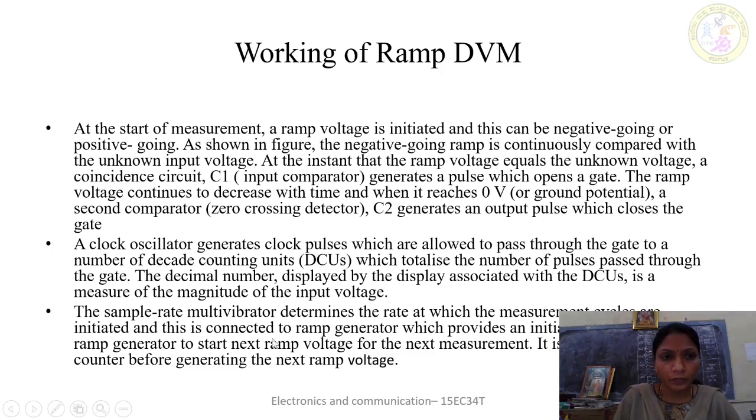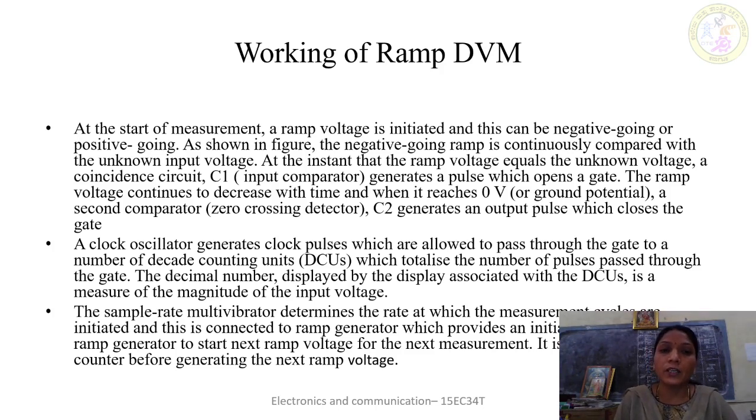See here, at the start of a measurement, a ramp voltage is initiated, and this can be negative going or positive going as shown in the figure. The negative going ramp is continuously compared with the unknown input voltage. At the instant that the ramp voltage equals the unknown voltage, the coincidence circuit C1 input comparator generates a pulse which opens a gate.